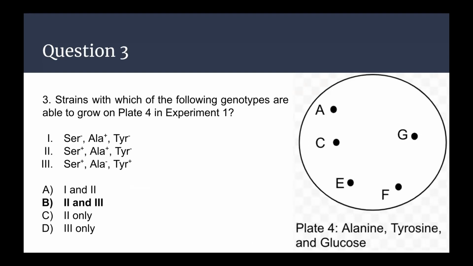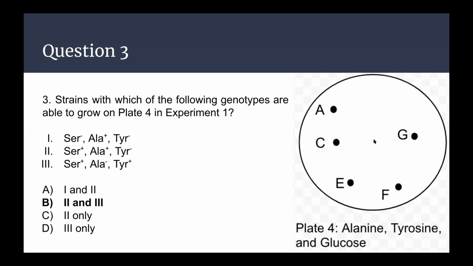The strain can be alanine plus or alanine negative or tyrosine negative or tyrosine plus. It doesn't matter because the plate already has these amino acids. The bacteria will only need to synthesize serine. So when you're given a question like this, start by what is given on the plate. If there's no growth, then the bacteria is clearly missing something essential.